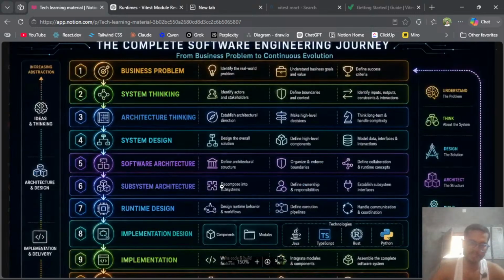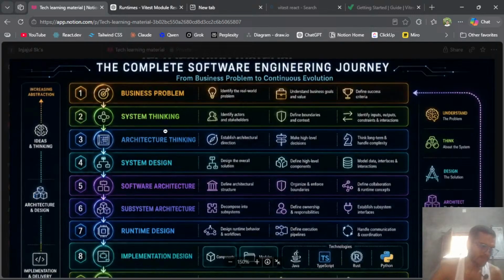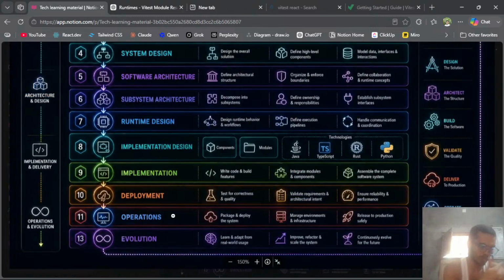There is a mental model. So we have system design. If you call yourself a junior developer or fresher, that means your role is just implementation. You just implement features. That's all, nothing else. Maybe if you are mid-level, you can design your implementation strategy.